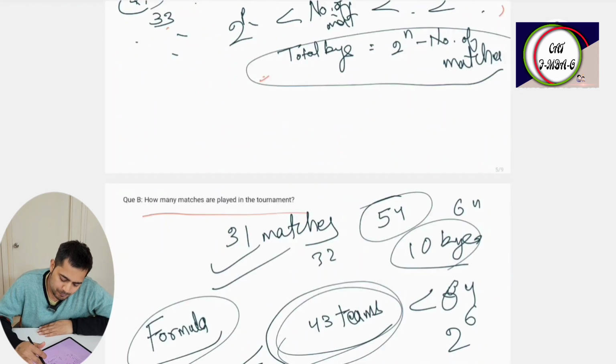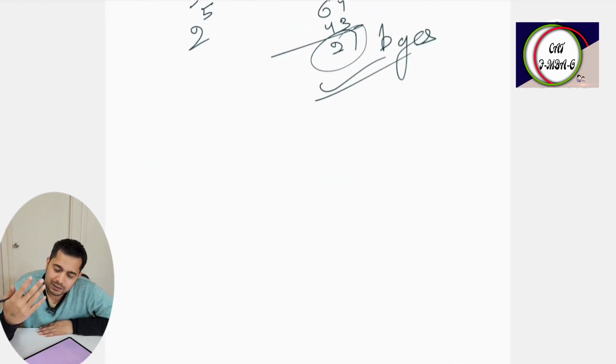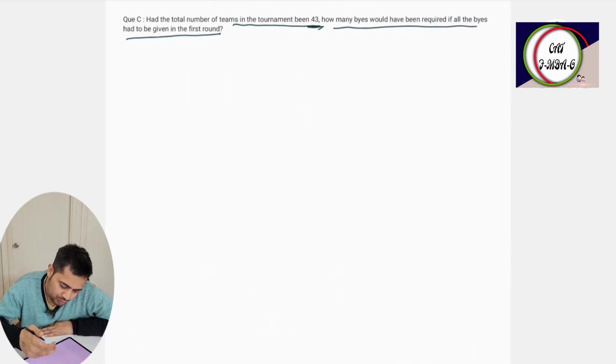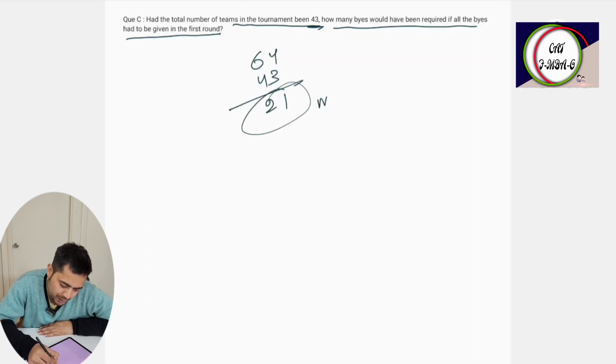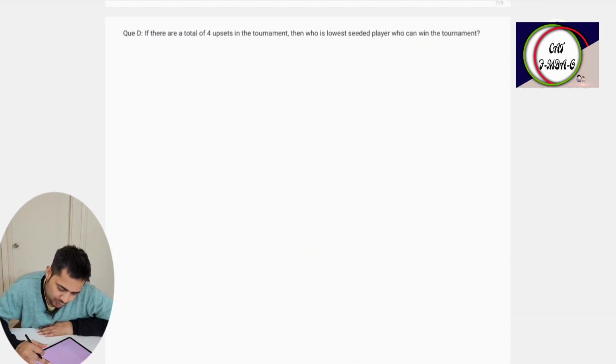The question will be asked directly like this only, no trick will be asked to you. So here we found 64 minus 43, so 21 byes is the right answer. Let me see another question.